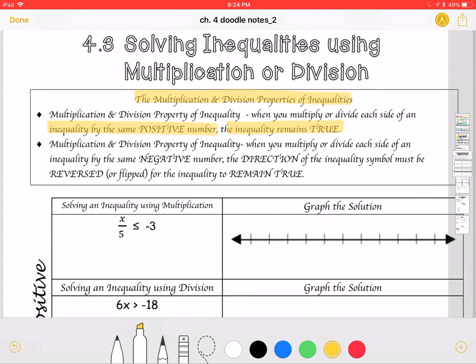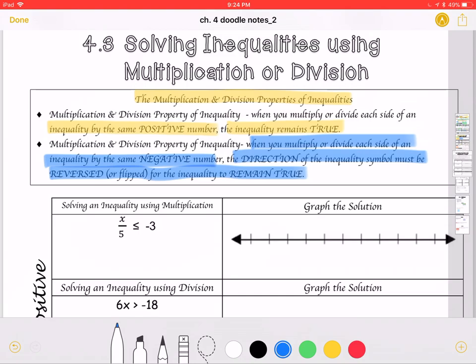However, this is where it gets tricky. When you multiply or divide each side of an inequality by the same negative number, the direction of the inequality symbol must be reversed or flipped for the inequality to remain true.